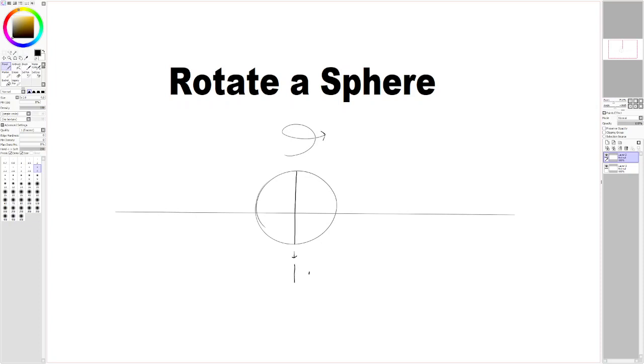The reality is that it is an ellipse, but we just can't see the full face because that ellipse is facing away from us. So I'm going to add another layer. Sorry, I'm just trying to keep track of what is what. Okay, so we have this layer. I'm going to hide it for a second.